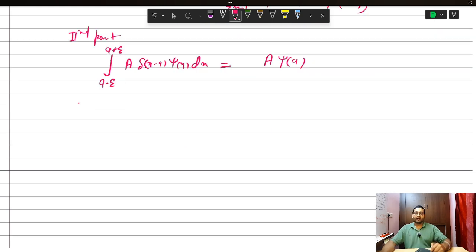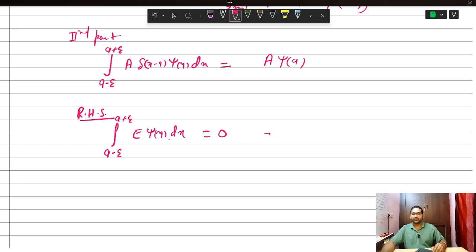Now let's solve the right hand side of the equation. The RHS will give us the integration from a minus epsilon to a plus epsilon of E psi(x) dx. Here this will give us the value 0. How?